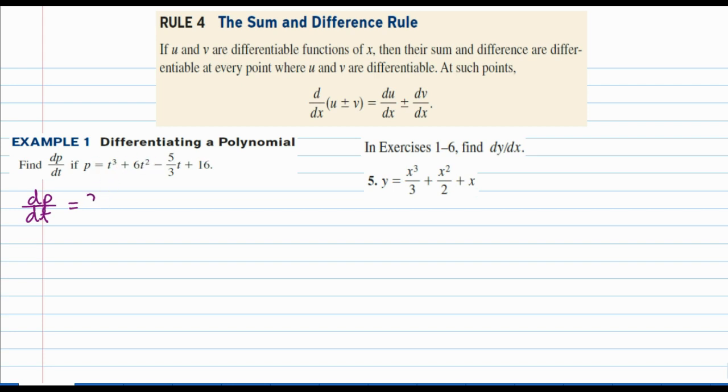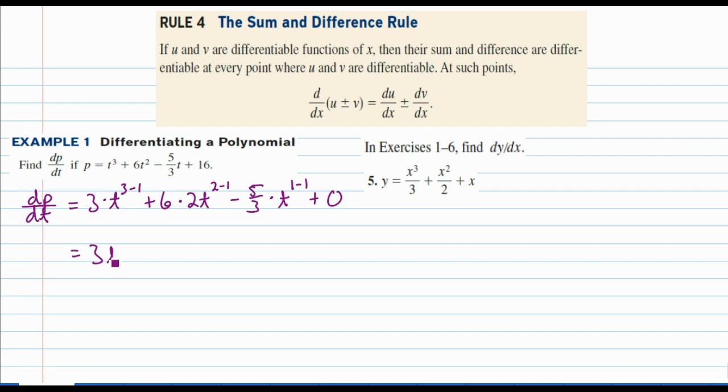So this will be 3 times t to the 3 minus 1, and then 6 I'll leave on the outside, but now this is 2t to the 2 minus 1, minus 5/3 will stay on the outside, and then I'll see t to the first, so that's going to be t to the 1 minus 1, which will be 0, plus, now this one we said the derivative of a constant is 0.